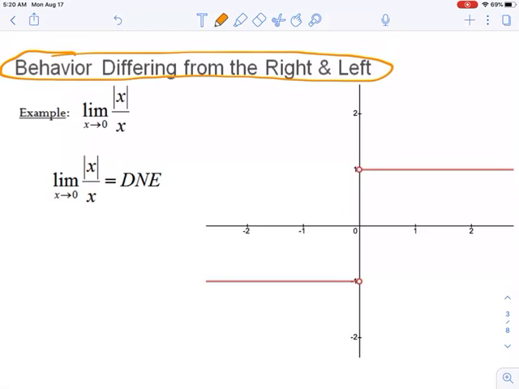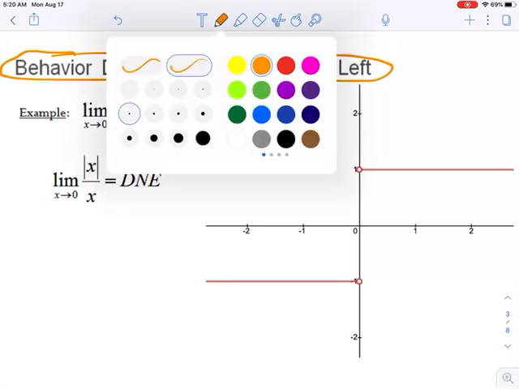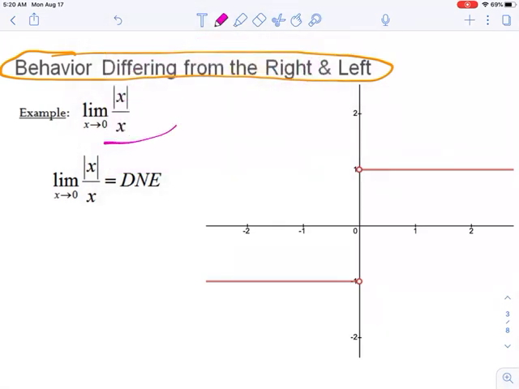Now go ahead and write down that this is the limit, and then write down that when we evaluate it, the limit does not exist.